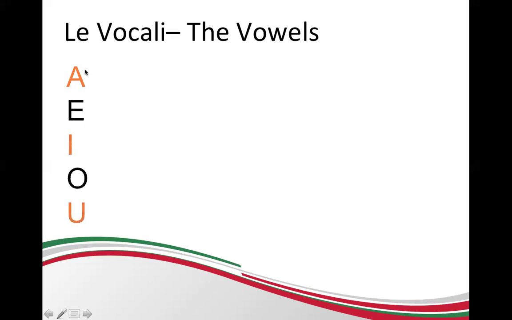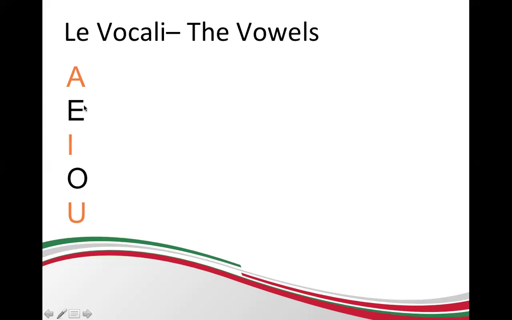An A is an A is an A. Same thing with E, same thing with U. You want a nice tall A, a nice bright smiling E, and a nice U, like you make a tunnel with your mouth, U. A, E, U. You really want to smile to get that nice bright Italian E. So that's the good news. Those are never going to change, no matter what they look like or where you see them.